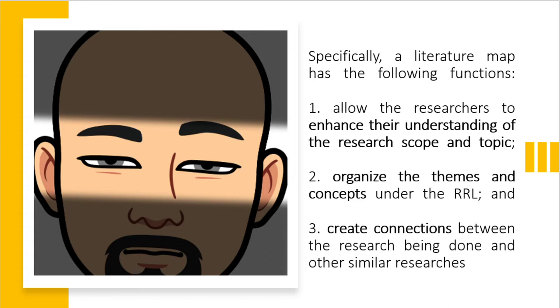The research scope is something that the researchers must have a good grasp on, because it is only when you truly understand your research topic and the concepts under that research topic that you are able to expound on it better, that you are able to relate your study to whatever is happening in status quo.